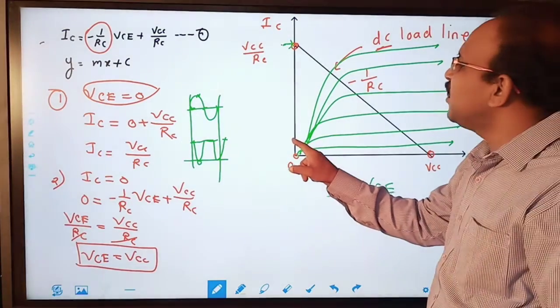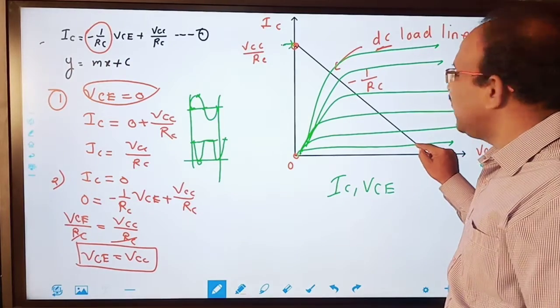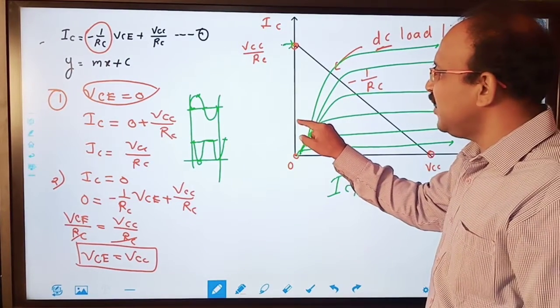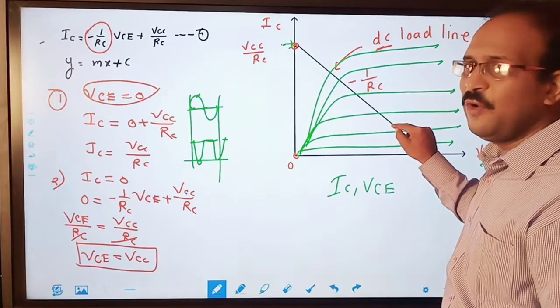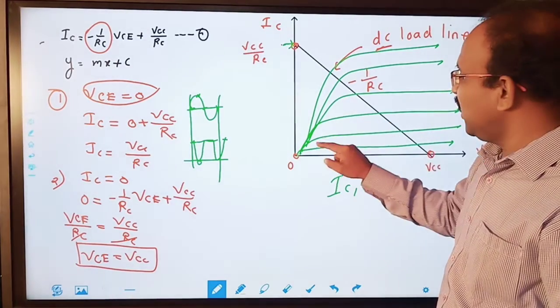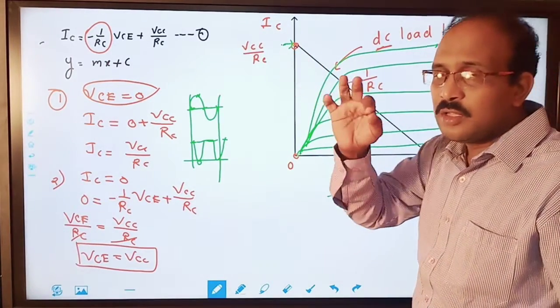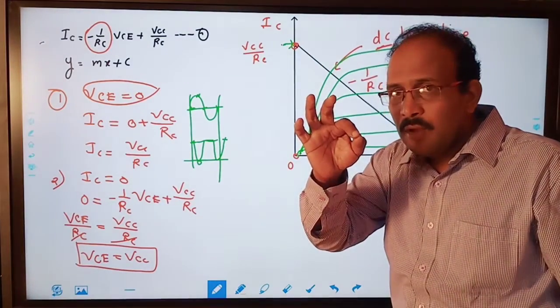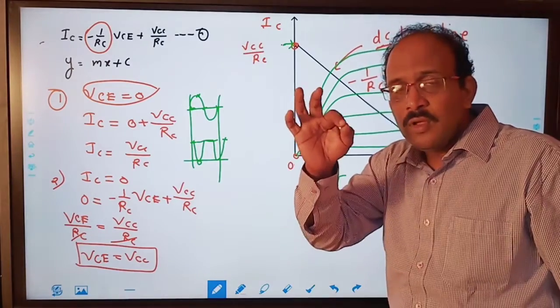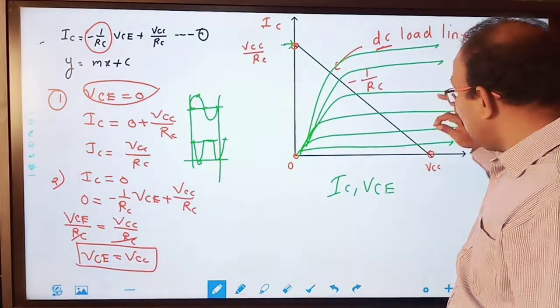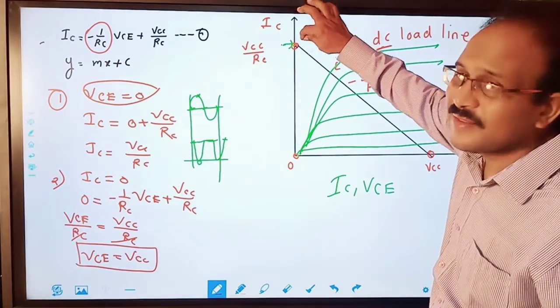Suppose I increase IC, then VC will decrease, so that point will be somewhere here. If I increase IC further, VC will decrease, so this point will be here. When I make IC maximum, VC will be 0. That point will be here. So the point which specifies the value of IC and VC will vary from this to this.